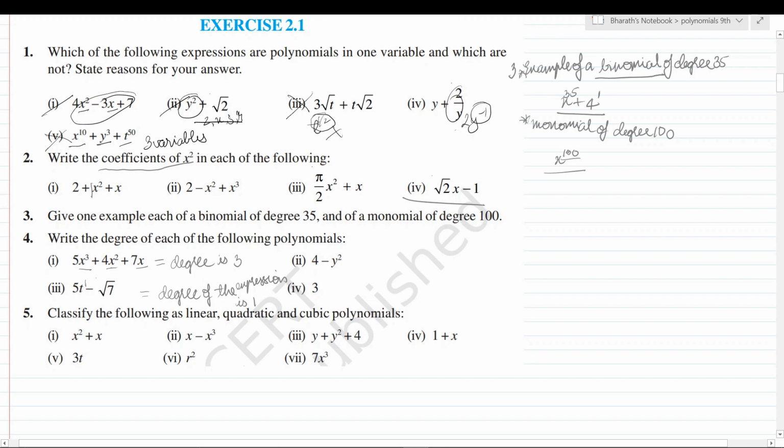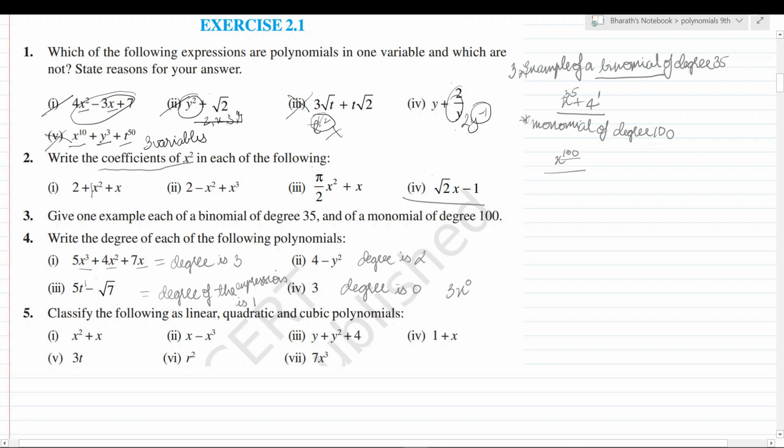So let's go to the second question. 4 minus y squared, then the degree of this equation is 2 because the highest power is 2 here. And then this degree is 0. They're not asking the degree of 3 but the degree of the polynomial, because we can rewrite this as 3x to the power 0. We all know anything to the power 0 is 1, so the degree is 0.